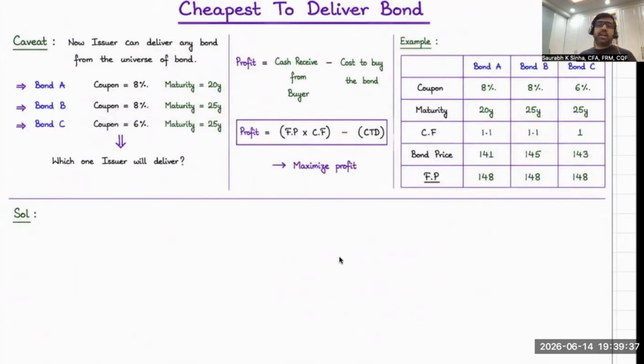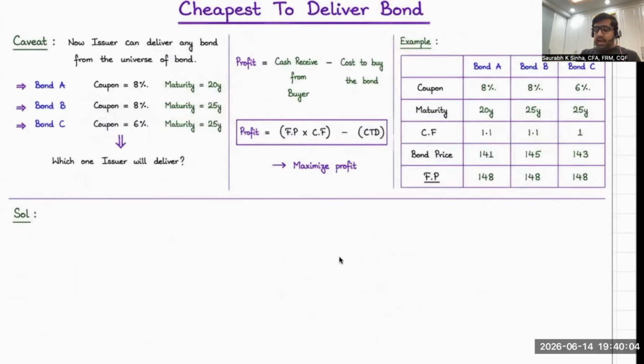So what I'm trying to highlight is that just looking at the coupon, which CME and CBOT are doing currently, nobody can apply the correct conversion factor because they overlooked the maturity. And because of that, every seller is aware that I can make a good profit by choosing the bond properly.